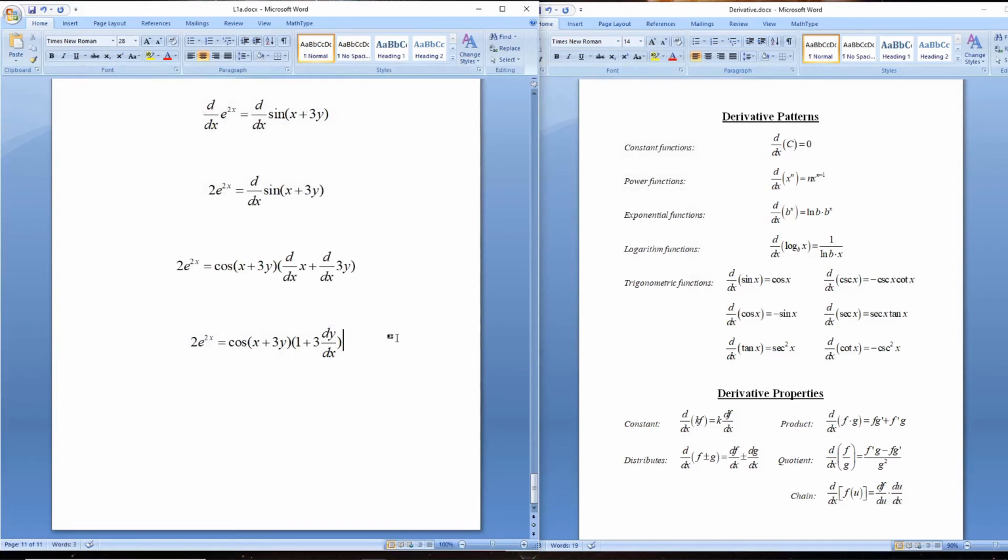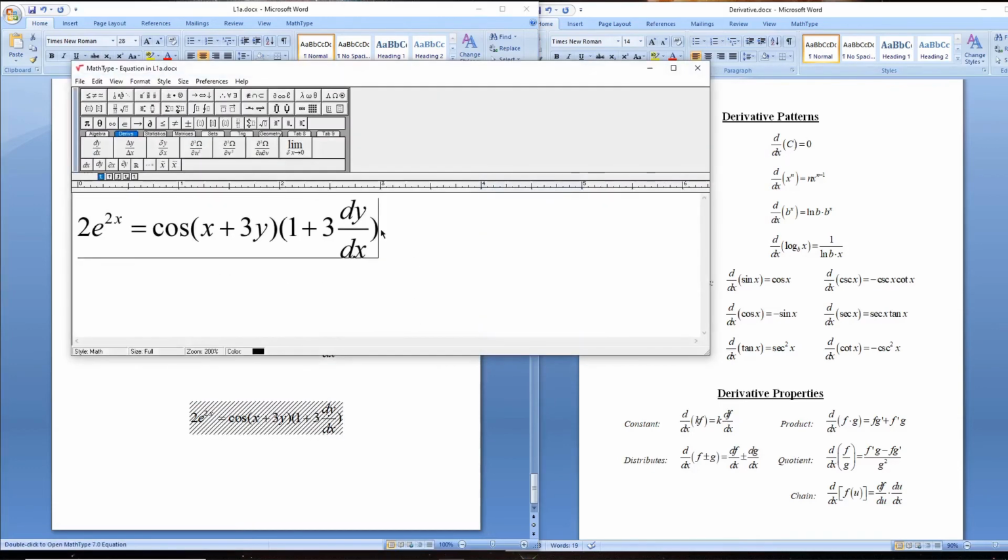And that's where we're at. Now our goal here is to solve for dy dx. So we're trying to isolate this and solve for it. We're trying to get the derivative. And so the first thing to isolate that would be to divide both sides by this cosine. Let's get this off the right side.